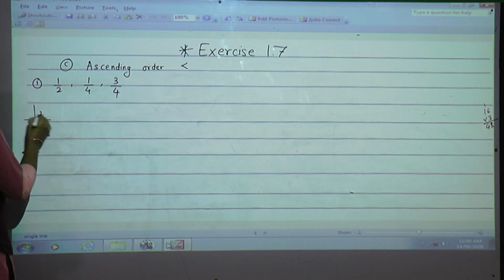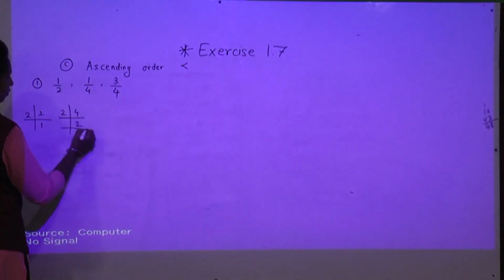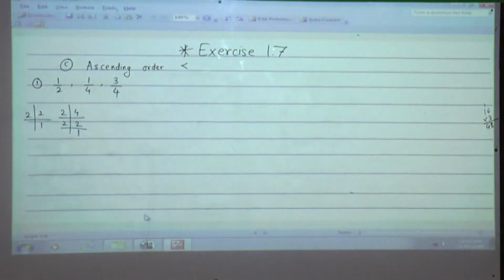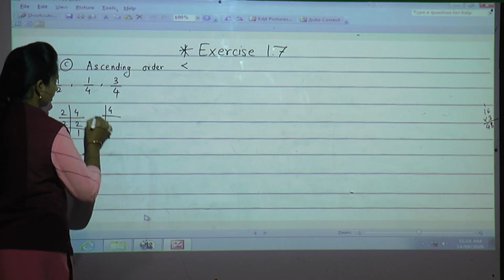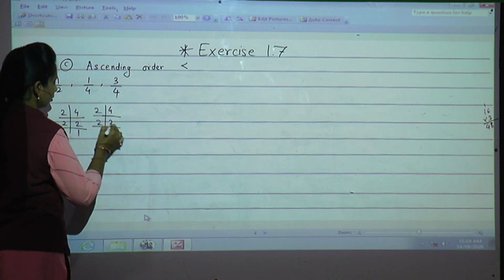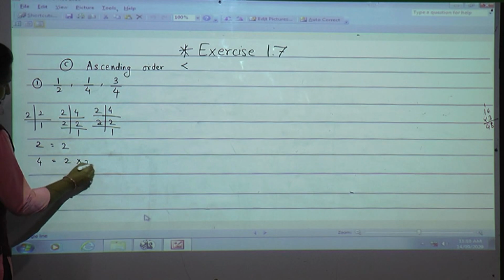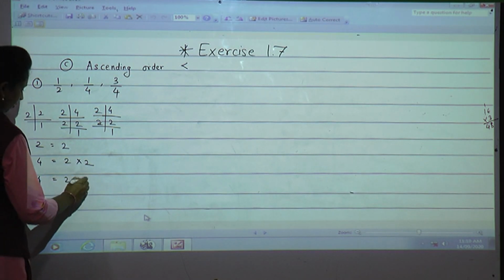Now see, 2 ones are 2, the next is 4, 2 twos are 4, 2 ones are 2. And the next is 4, same again, 2 twos are 4, 2 ones are 2. So what are the multiples? 2, and 4 is 2 multiplied by 2, and again 4 is 2 multiplied by 2.